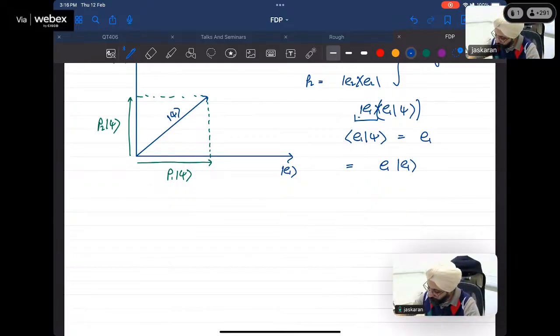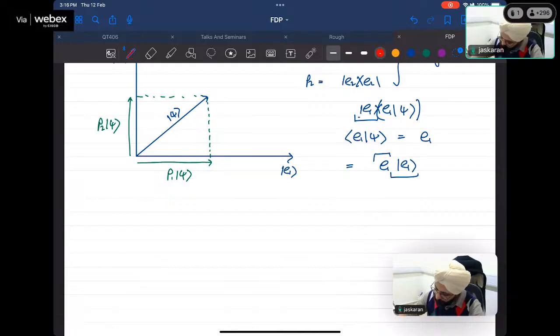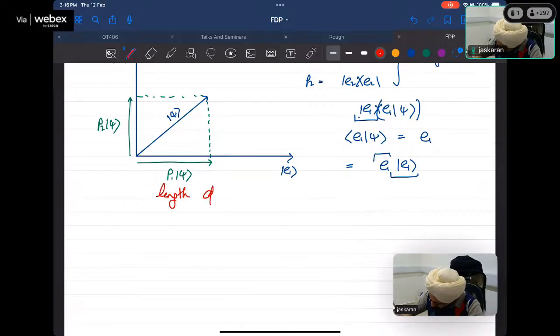As you can see, the vector after projection along the ket e1 axis now has an additional coefficient given by e1, which in general would be complex. Moreover, we also know that the length of P1 ket psi is related to the probability of obtaining that outcome in quantum theory.